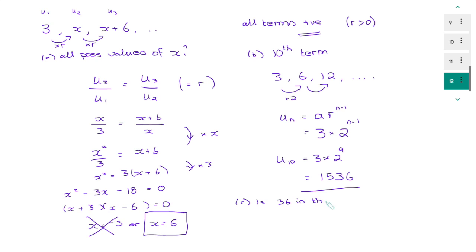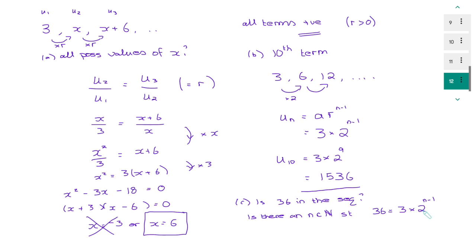All you have to do for that is ask: is there an n, where n is in the natural numbers, the counting numbers, such that 36 is un, so 36 equals 3 times 2 to the n minus 1.